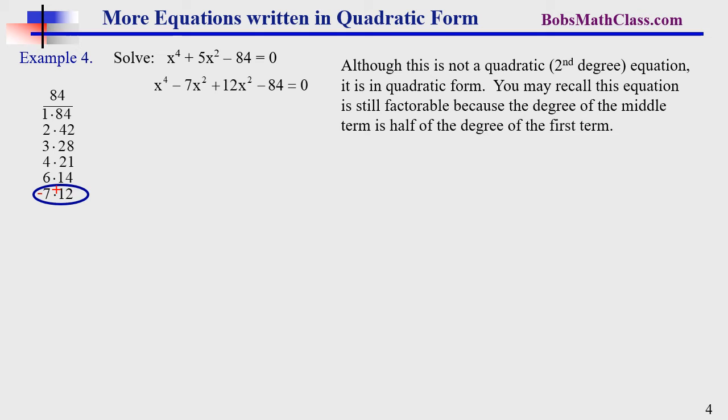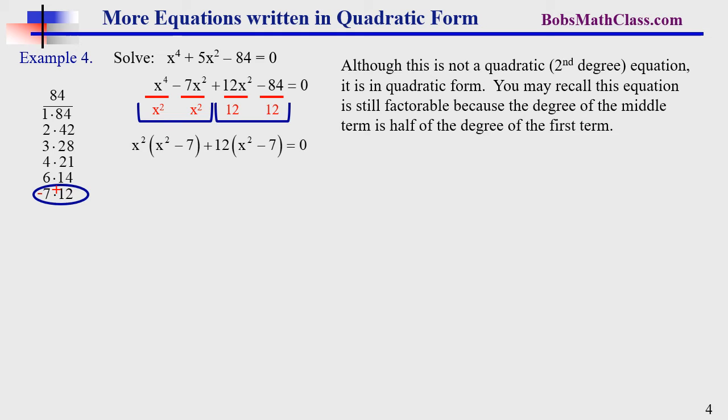All right, so what can we factor from the first pair? Right, an x squared. From the second pair, we could factor a 12 out. 12 times 7 is 84. So x squared times x squared minus 7 plus 12 times x squared minus 7.